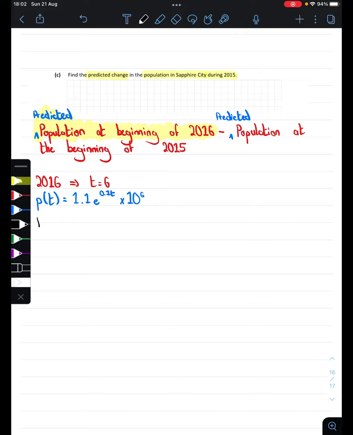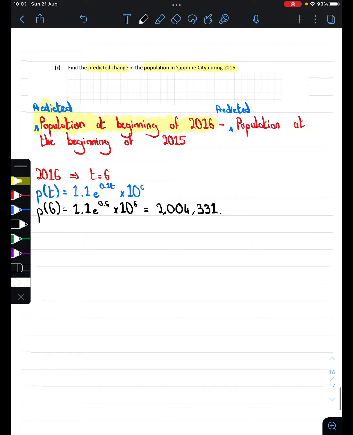If we put in t equals 6, we get 1.1 e to the 0.6 by 10 to the power of 6, which equals 2,004,331. We round to the nearest number.